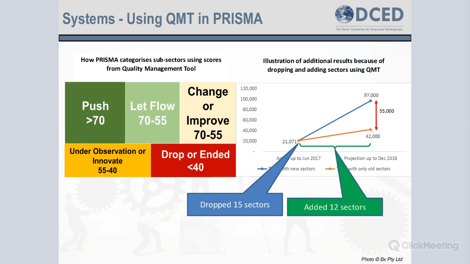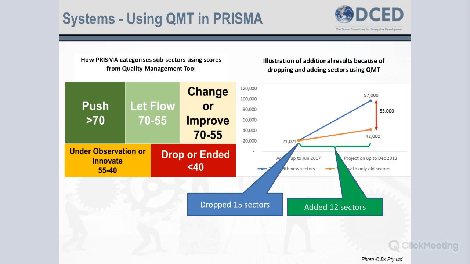Those interventions we dropped, if you look at our projection of results from those interventions, it would give us 21,000 more outreach. And because we freed up resources, time and money and people, we could design new intervention, which actually gave us 55,000 more outreach at the end.